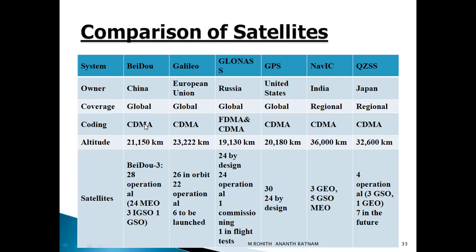Coding: most of the cases, as I said, all are using CDMA only; only GLONASS, the Russian one, is trying to use both FDMA and CDMA. The altitude, as I said, all are medium earth orbits, which means more than 20,000 kilometers. All the orbits will be more than 20,000 kilometers.